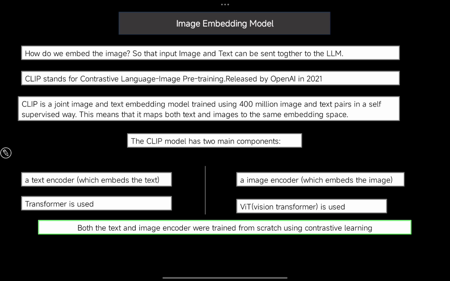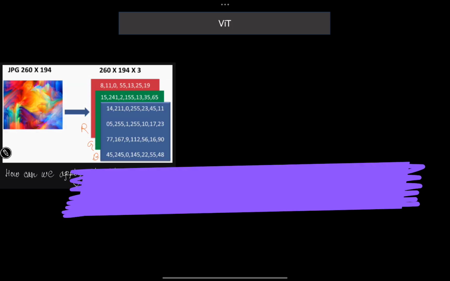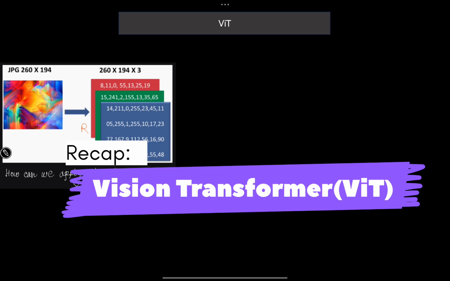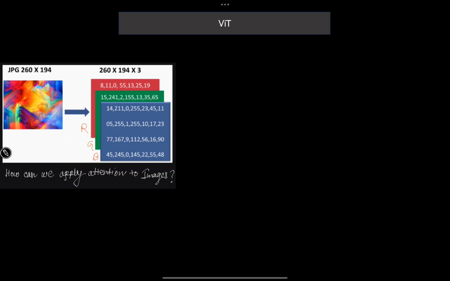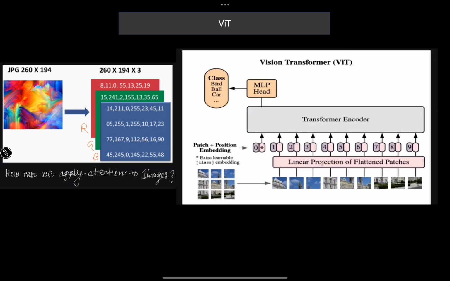But before that, if you are not familiar with ViT, just a refresher. This ViT will enable us to apply the attention mechanism to images. To do that, what we generally do in case of the ViT is create patches on top of the images.